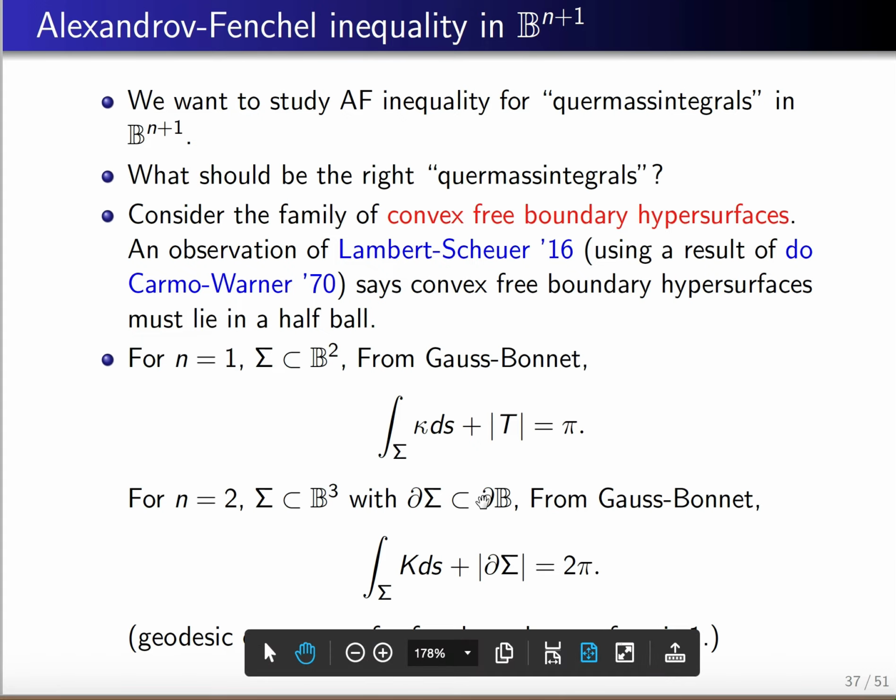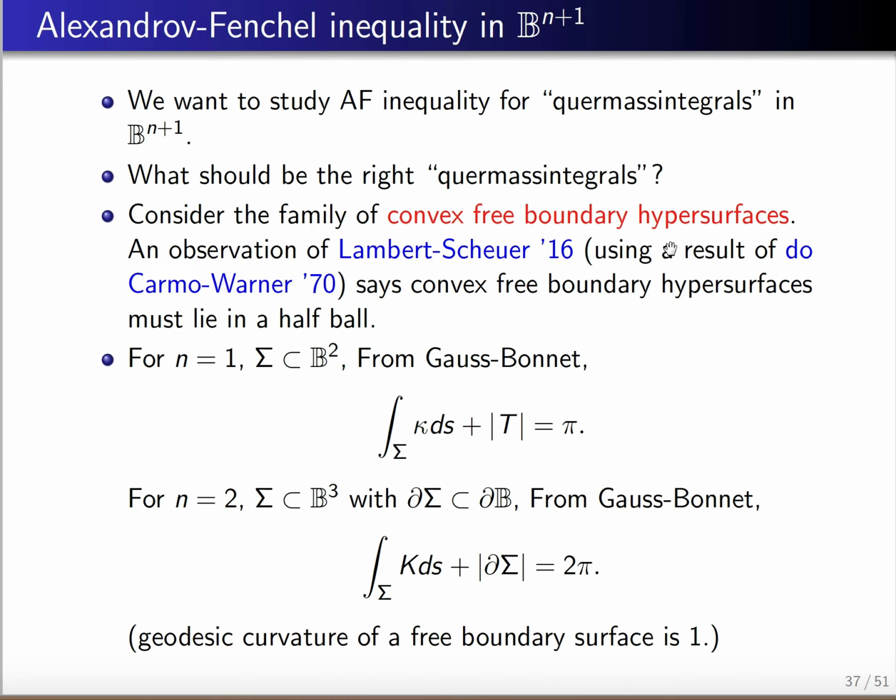So we restrict our consideration to the family of convex free boundary hypersurfaces. An observation of Lambert-Scheuer, by using a result of Duchamp and Werder, says that convex free boundary hypersurfaces must lie in a half ball.